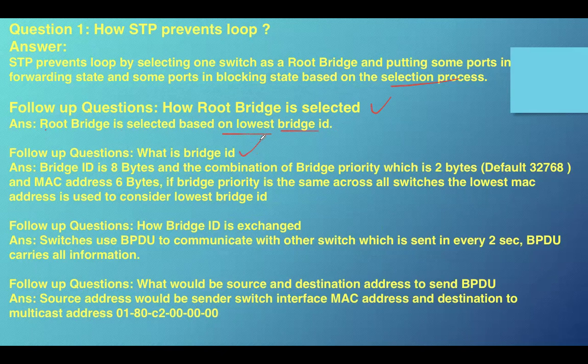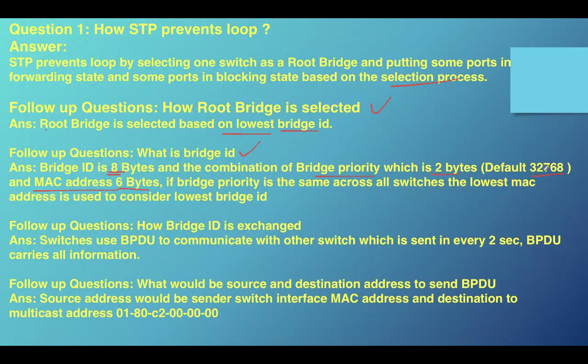Bridge ID is a combination of bridge priority and MAC address. The total length of bridge ID is 8 bytes, where the bridge priority is 2 bytes, with a default of 32768, and then the MAC address, which is 6 bytes. 6 plus 2, 8 bytes, right?